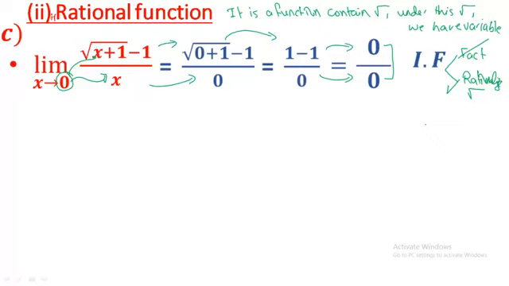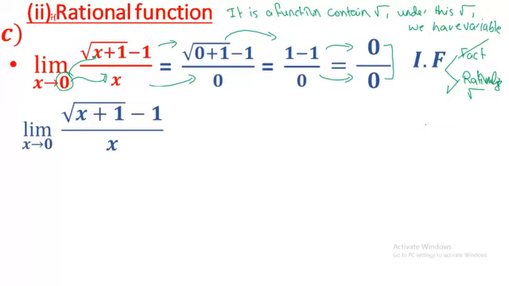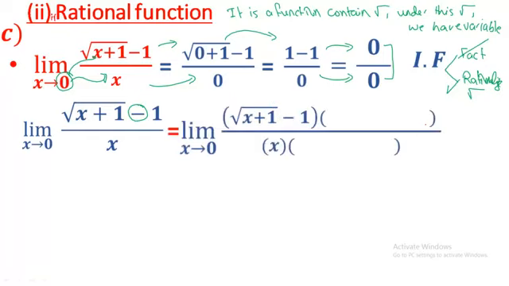So we can say now we will have limit as x tends to 0 for this irrational function radical x plus 1 minus 1 over x, and we will rationalize it by multiplying this expression by the conjugate of the numerator, because the numerator is the term that contains radical.